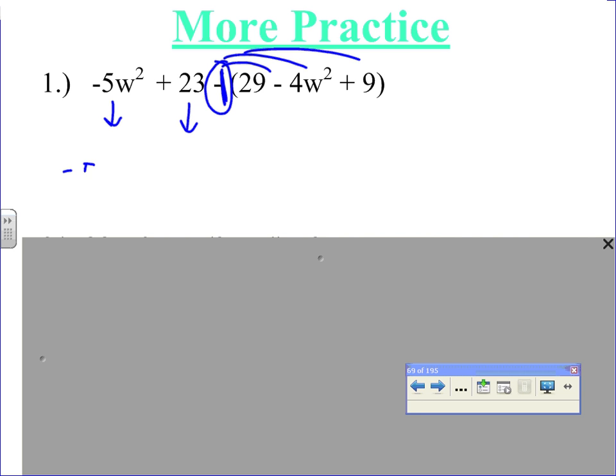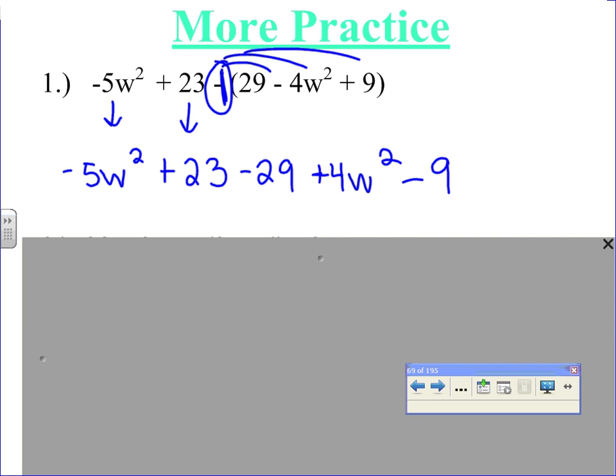So negative 5w squared plus 23. Now we're distributing everything by negative 1. Negative 1 times 29 is negative 29. Negative 1 times negative 4w squared is positive w squared. Negative 1 times positive 9 is negative 9.